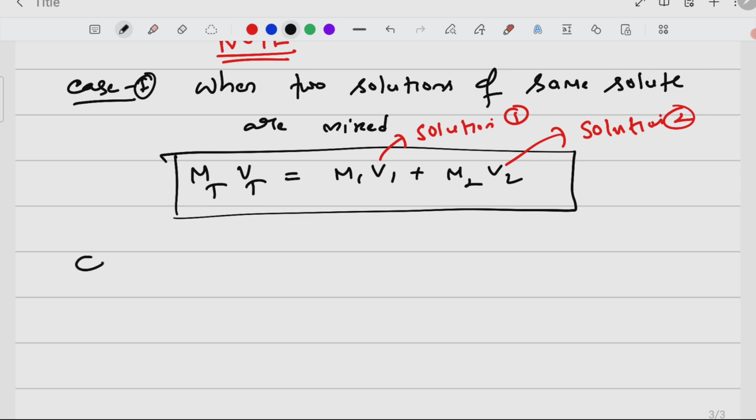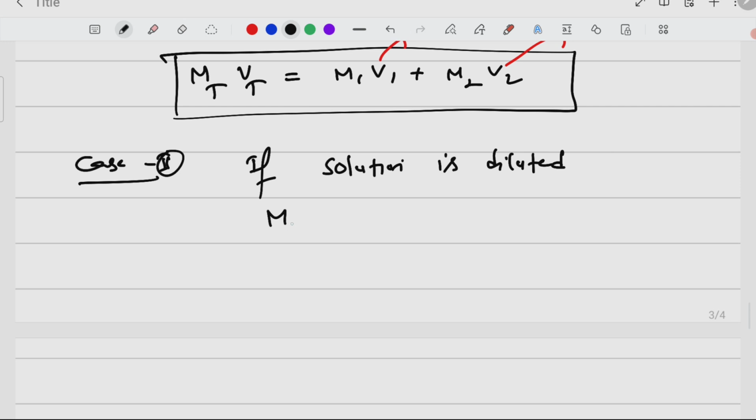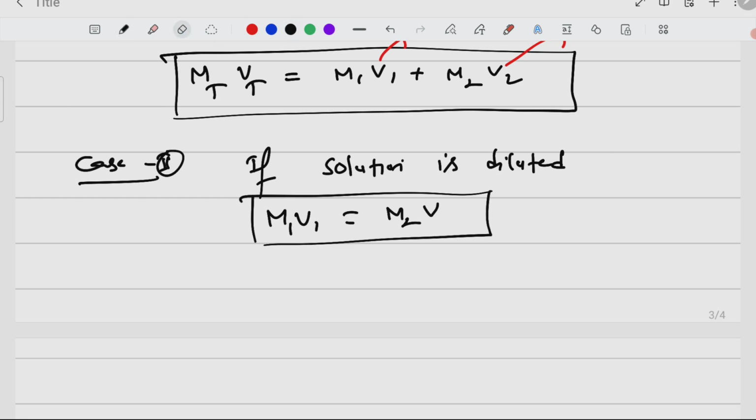And the last step, case 2: if the solution is diluted, then to find the new molarity of the solution we use m1 v1 is equal to m2 v2. See, m1 is the initial molarity of the solution, v1 is the initial volume of the solution. m1 v1 before dilution, m2 v2 after dilution.